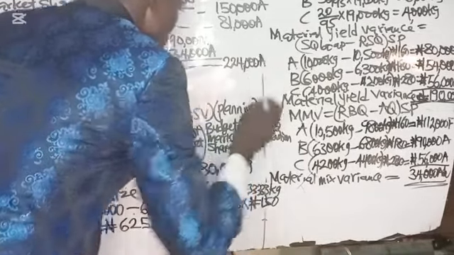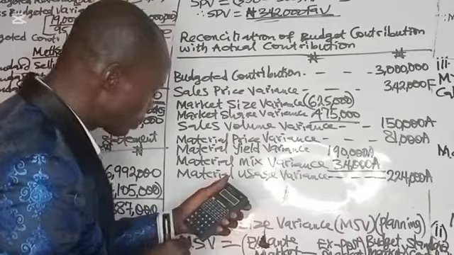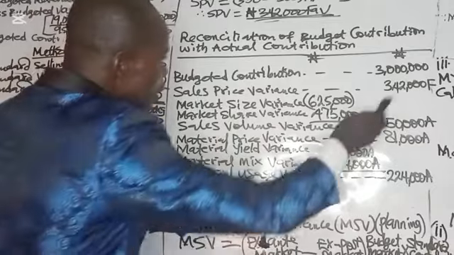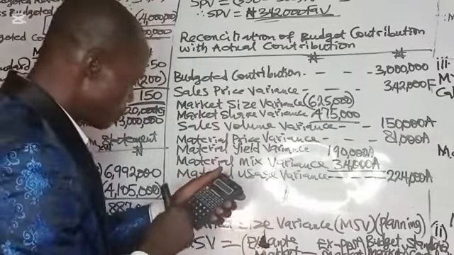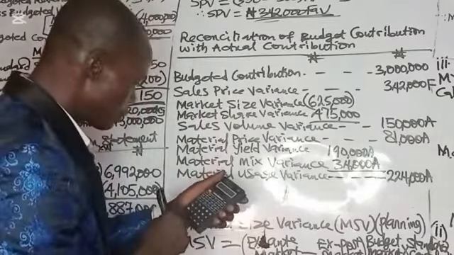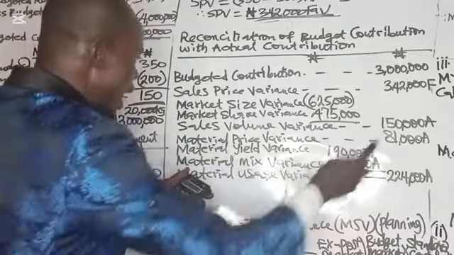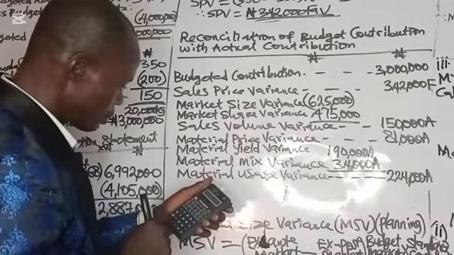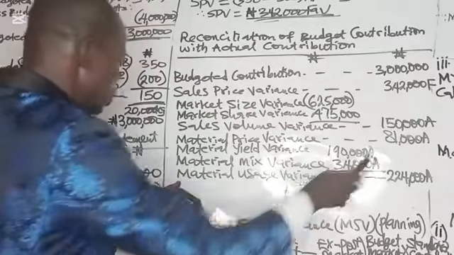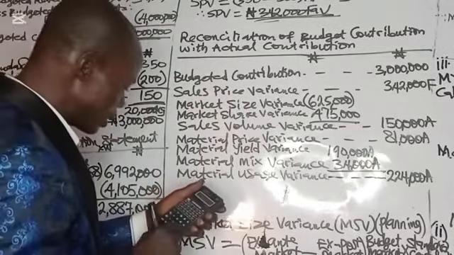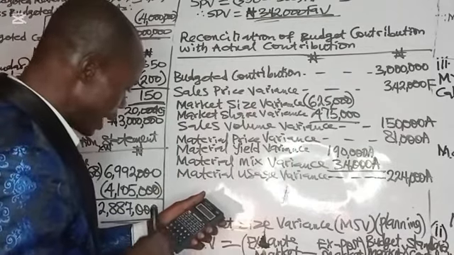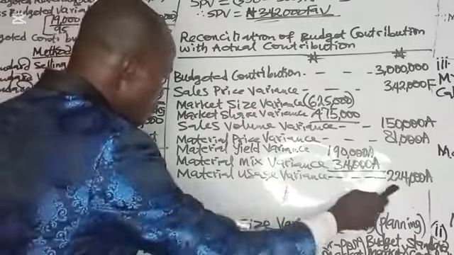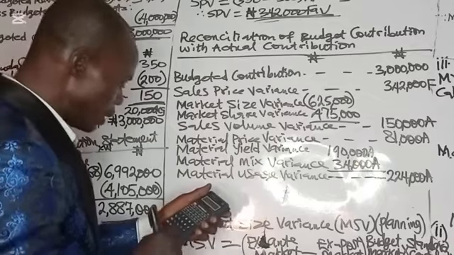Let's sum up everything. 3 million, which is our budgeted contribution, plus 342,000, which is sales price variance, minus sales volume variance adverse of 150,000, minus 81,000, which is material price variance, minus 224,000, which is material usage variance.